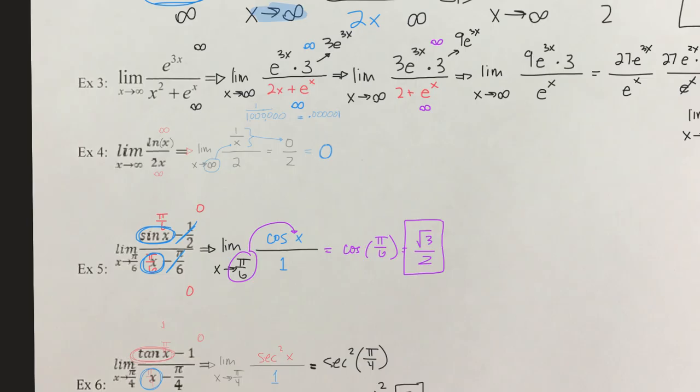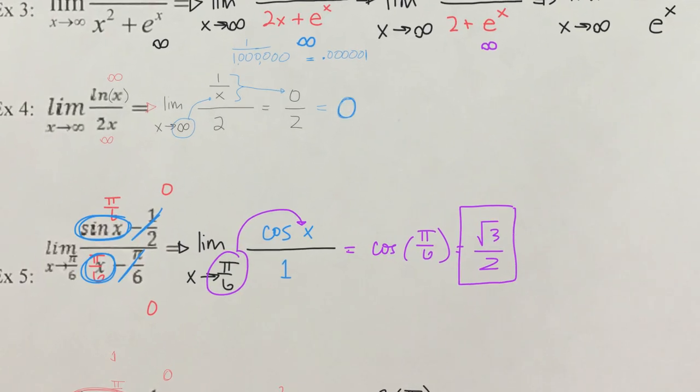Okay, so here are our last 3. When we plug in infinity into natural log, we get infinity over infinity, and then we take its derivative. So the derivative of natural log is 1 over x. So when we plug in infinity, 1 over infinity is 0, right? It gets really, really close to 0.